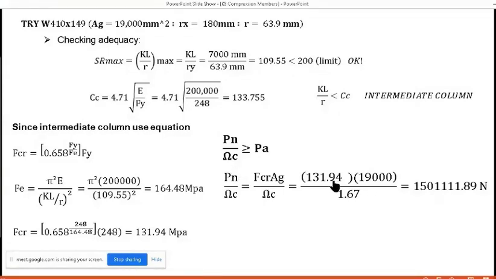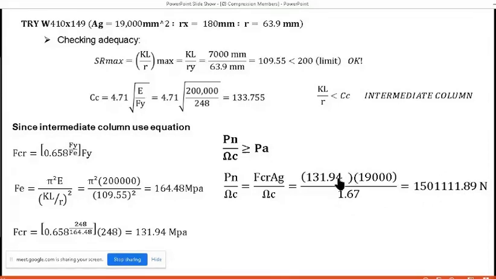So we have 131.94, ito yan, yung na-solve natin dito. We have 19,000, that is the gross area of our trial section. And yung 1.67, that is the factor using ASD. So yung value natin is this value in Newton.